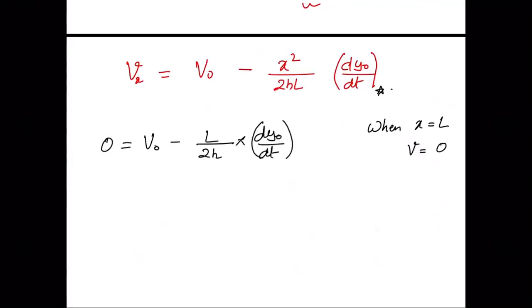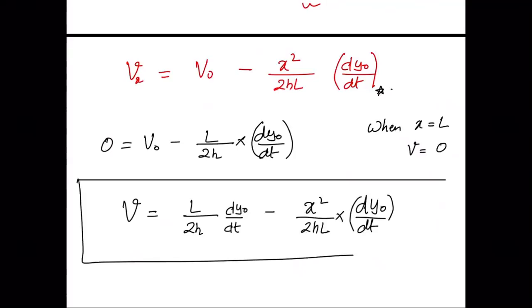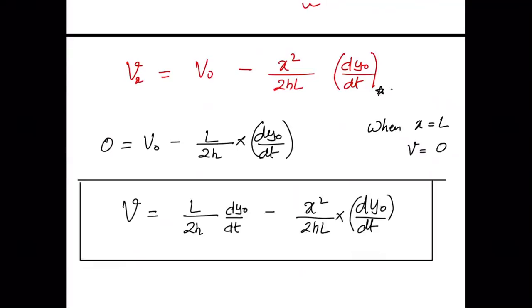So my v naught is L upon 2h into dy naught by dt. So my speed of any particular layer when the edge layer is increasing with the speed of dy naught by dt, that speed is how much? L upon 2h dy naught by dt minus x square by 2h into L into dy naught by dt, right? This is the speed of any particle which is at a distance x from the center, right?